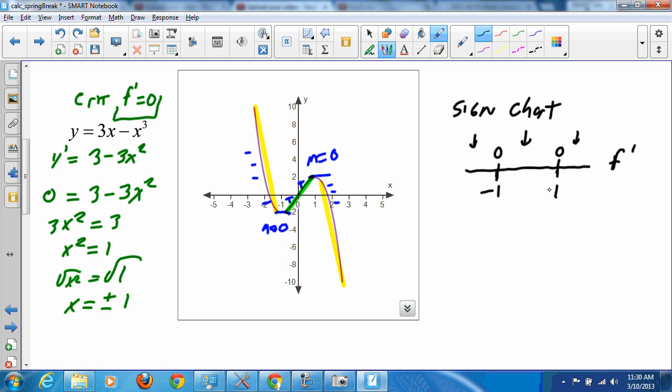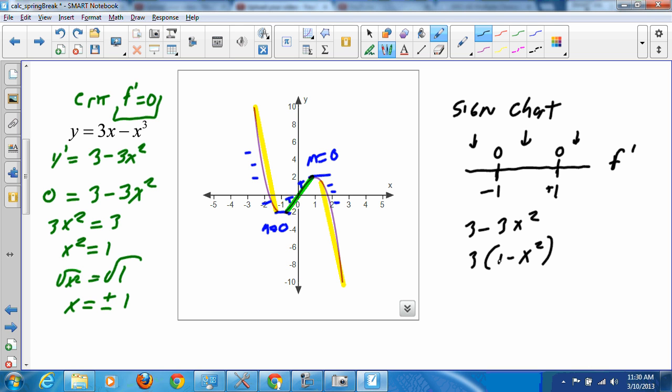So what I'm going to do is just pick a friendly value over here, say negative 2, and I'm going to plug it into our derivative. So let's rewrite our derivative over here so we're crystal clear what's going on. One thing I could do is factor out a 3. Not necessary, but it's a little helpful.